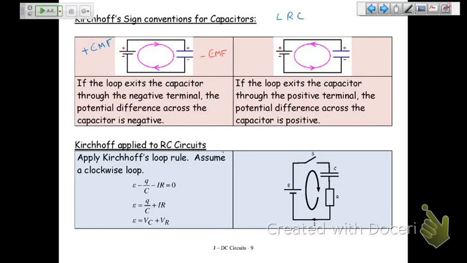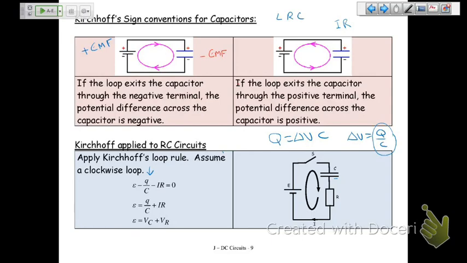And my voltage across my capacitor: remember that charge equals delta V times the capacitance, so delta V equals Q over C. Whereas in my resistor circuit that potential difference was given by IR, now the potential difference is given by Q over C. So there's my Q over C bit down here, and it's a negative Q over C, because that's a negative terminal.